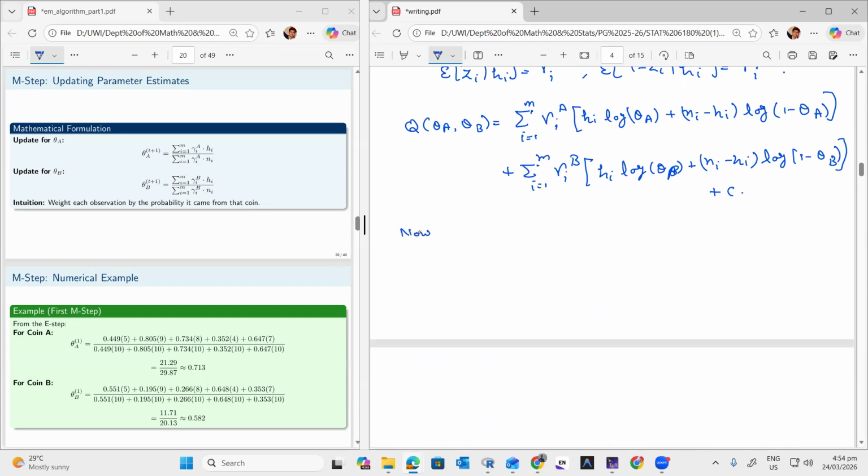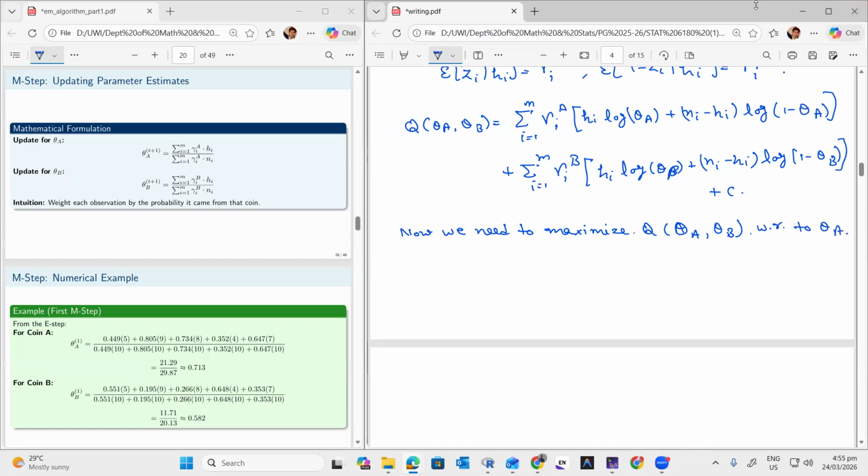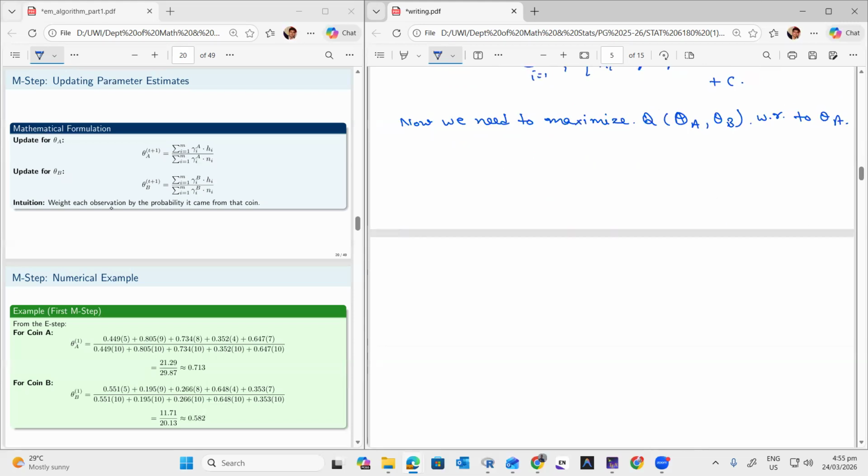Now we need to maximize Q of theta A and theta B with respect to theta A. So how will we maximize it?